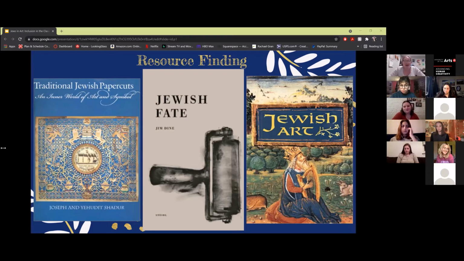After checking out that book, I found that books were going to be my resource here, because I wasn't finding much else in terms of academic articles. So I went back to the library after checking out this book by Jim Dine, and I found this book, Jewish Art, which is just a gigantic book of Jewish art history. And then I bought a few books too, including this traditional Jewish paper cut book.